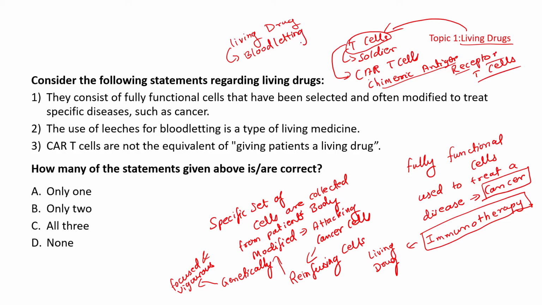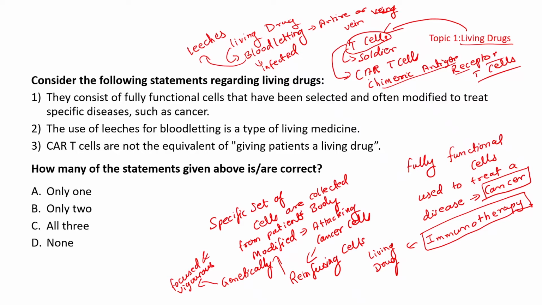Bloodletting is when you puncture an artery or vein for the purpose of letting out blood which you consider to be infected. In this technique of bloodletting, we have seen leeches being used.